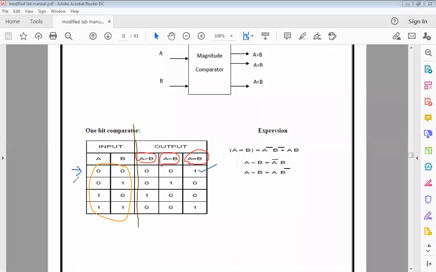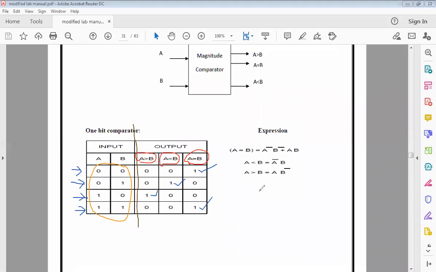Similarly, in the second case, A is equal to 0 and B is equal to 1, so obviously A is less than B. For the other case, it's the reverse, which means A is greater than B. For the last case, it is the same as 0, 0, which means A is equal to B.